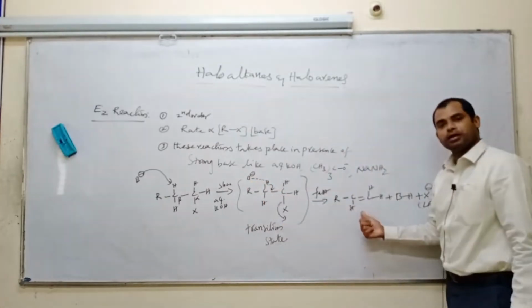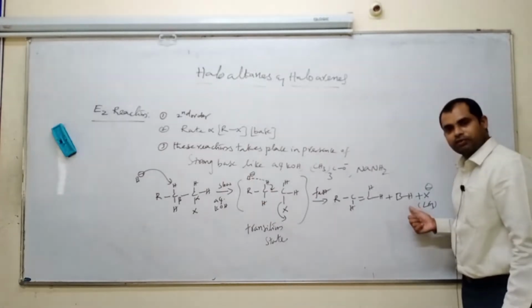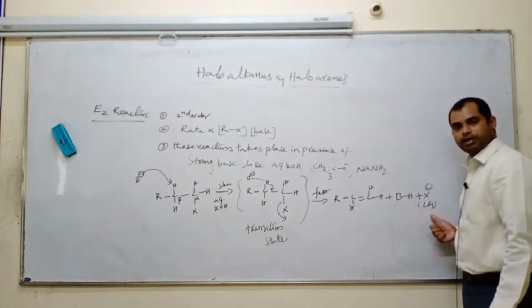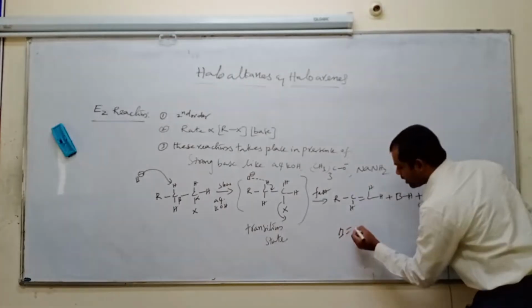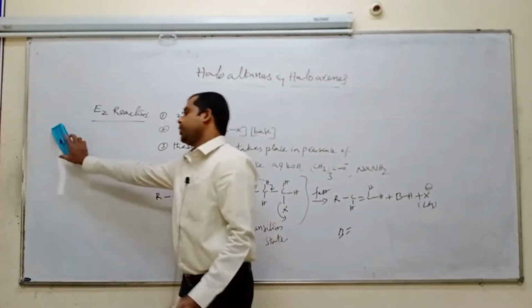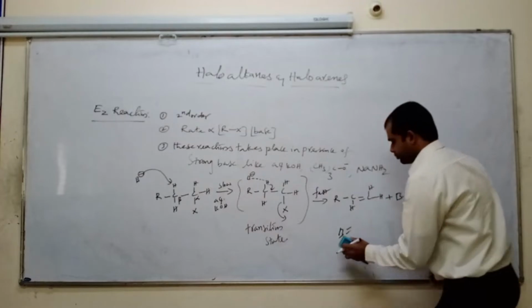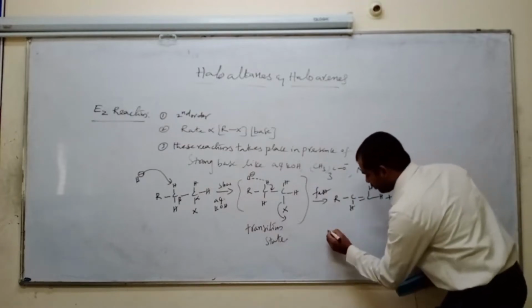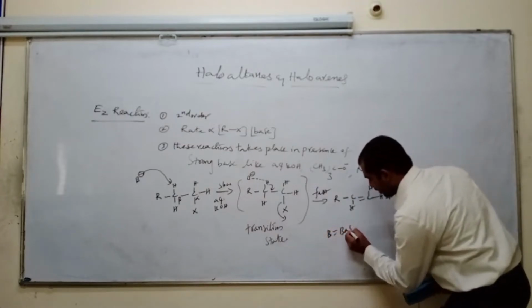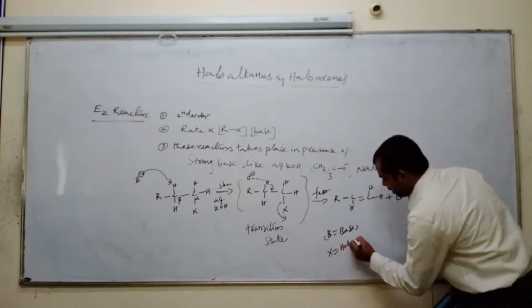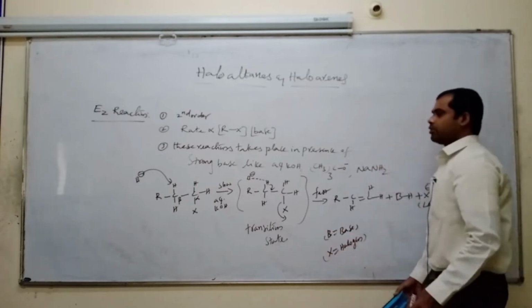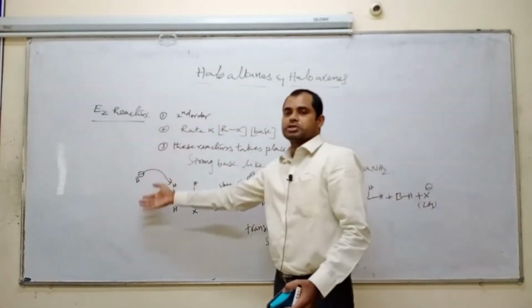So they form the alkene, and the base combines with hydrogen, and the halide comes out as a halide ion. Here B indicates base, and X indicates halogen. This is the general reaction of E2.